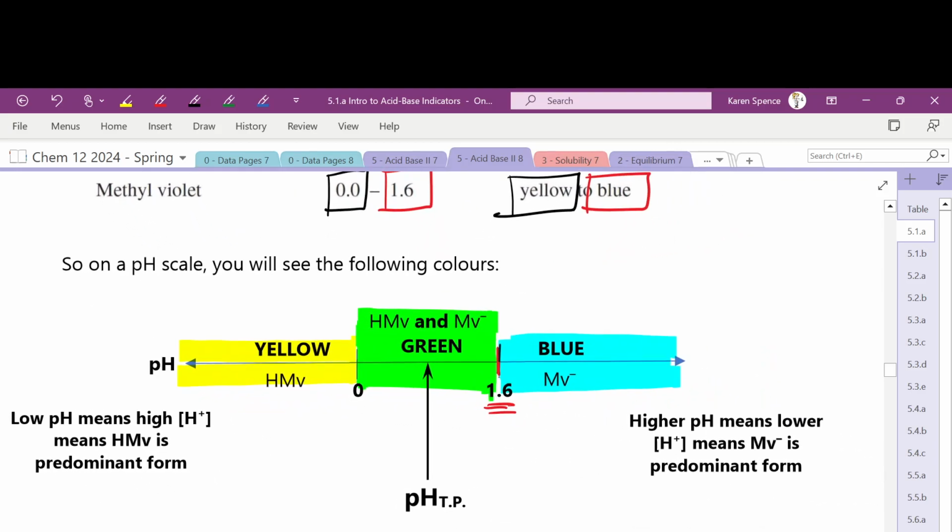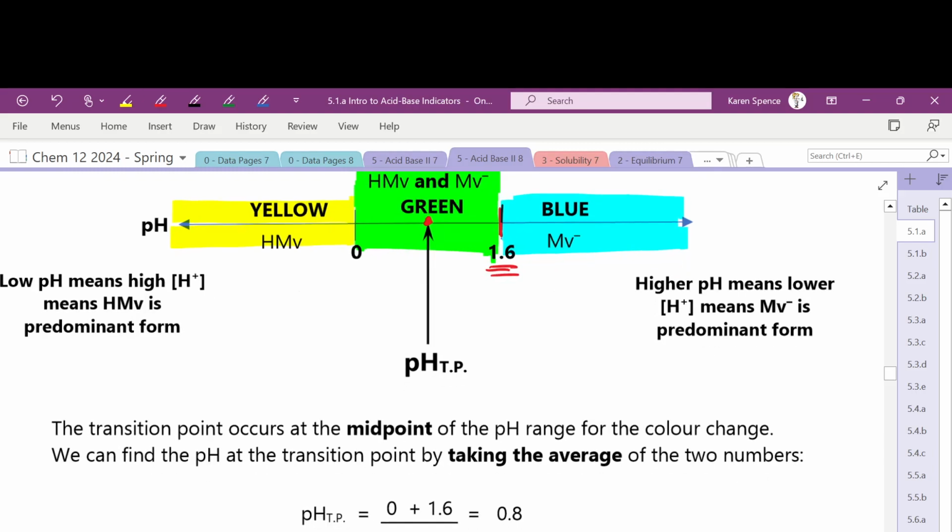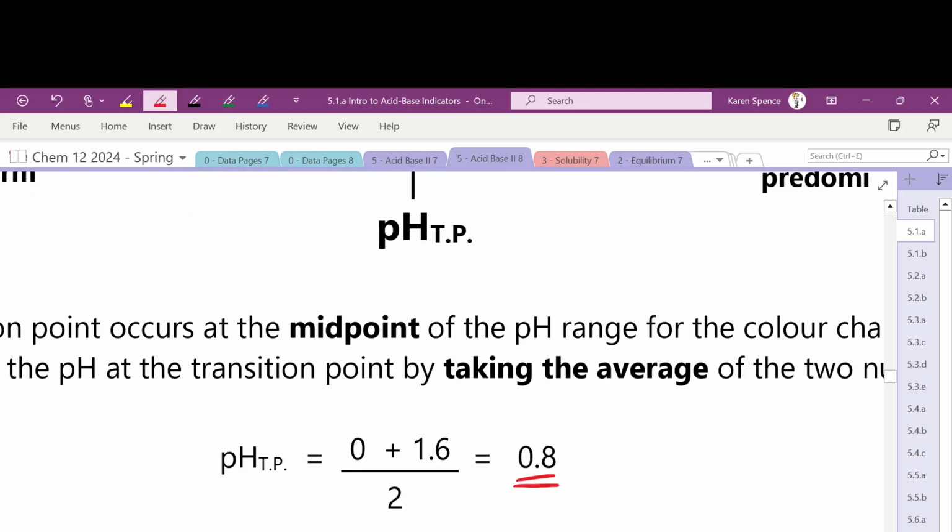Now, our actual transition point is right in the middle of that range. How are you going to find the midpoint between 0 and 1.6? You're going to average them. So basically, you just take your 0 and your 1.6 and you divide 1.6 by 2 and you get 0.8.